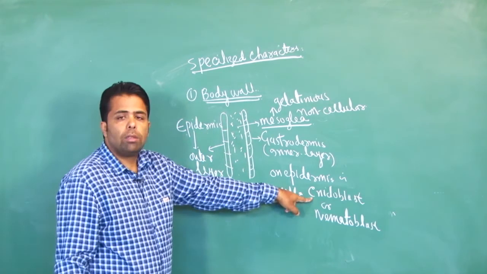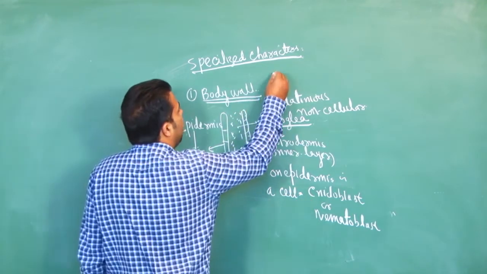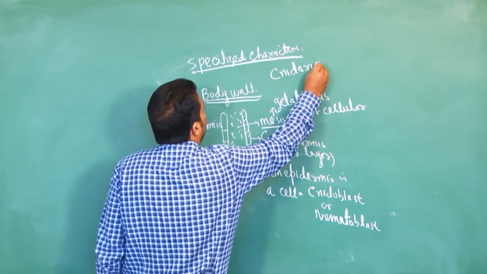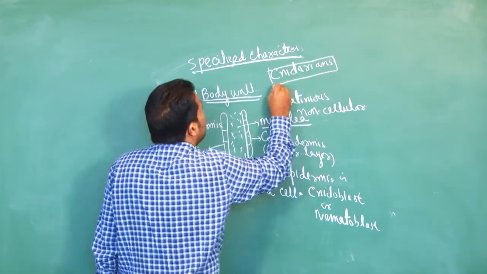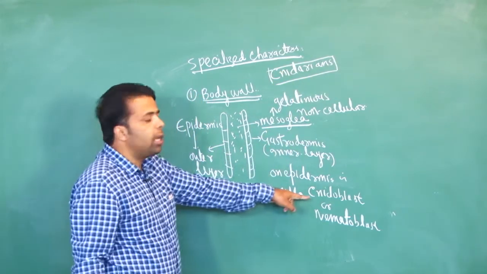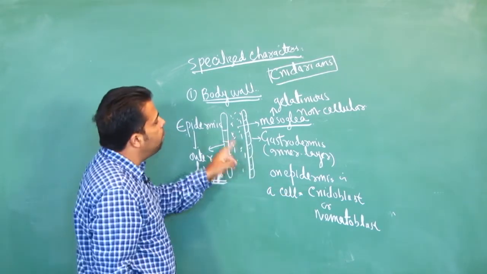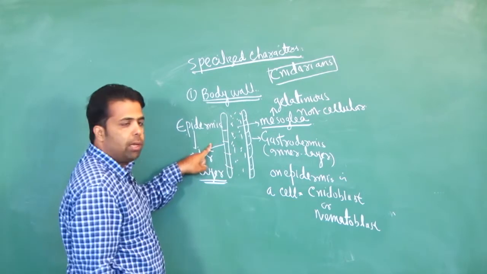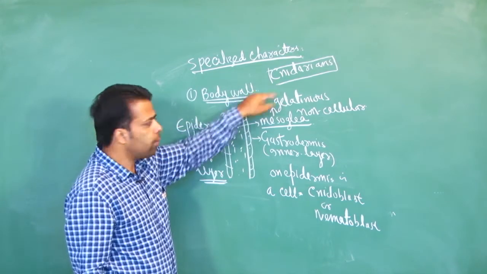Because of this cnidoblast. Because of the presence of cnidoblast or nematoblast in the epidermis, Coelenterata are also called cnidarians.